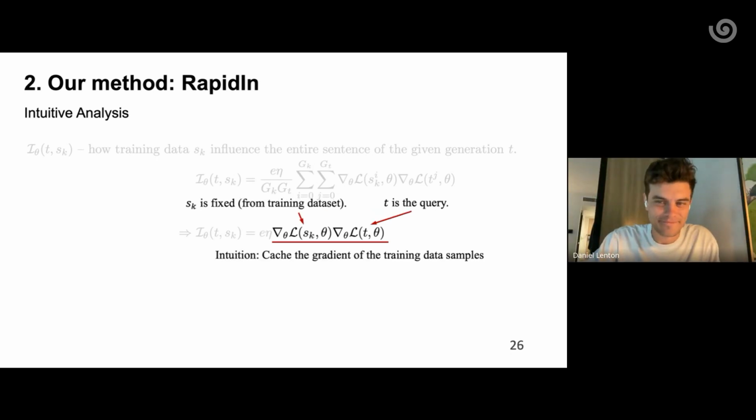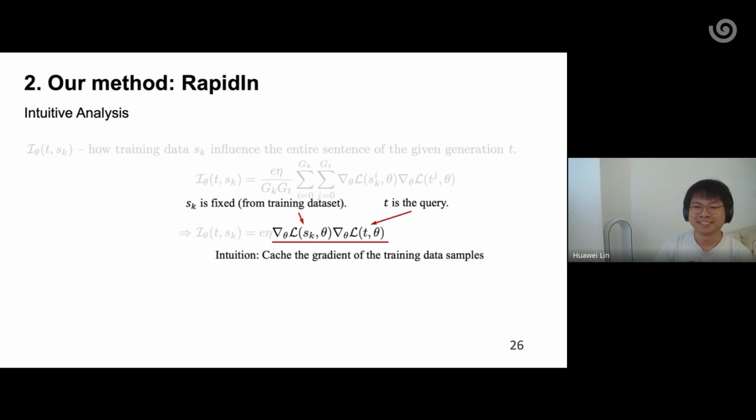Thanks. Yeah, that's good. So now we will have an intuition, because actually the S_k is the training data set.